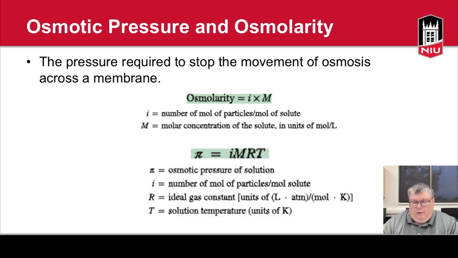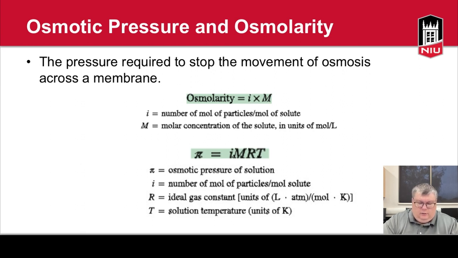Okay? Now, in order to understand osmotic pressure, we need to understand something called osmolarity. Osmolarity is very similar to the molality that we just went through, in that it is the concentration, this time in molarity, times the number of particles of solute. Number of particles per mole of solute.